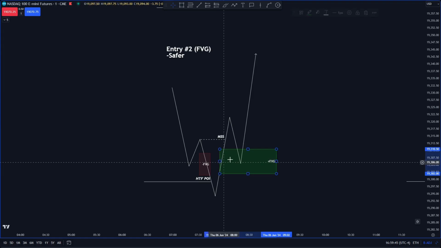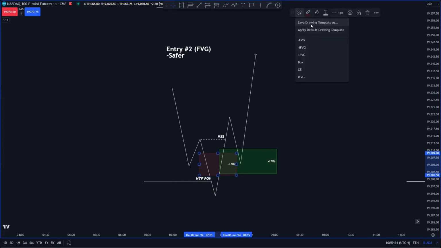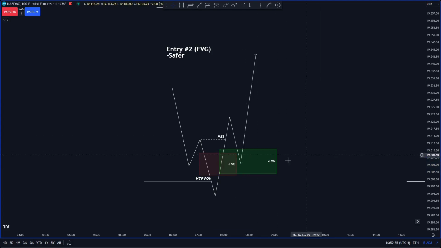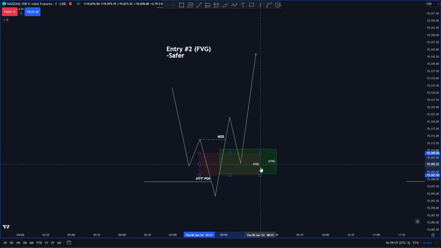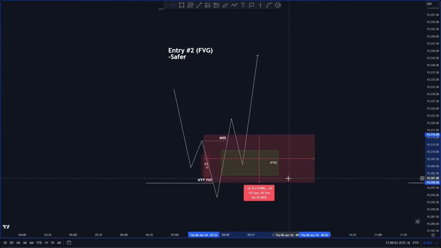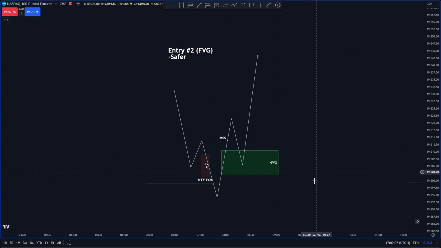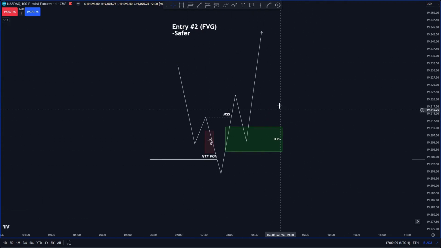It could be multiple, whatever, but this entry is a lot safer because now not only this becomes a BPR, a balanced price range, or inversion fair value gap, whatever you want to call it, right? So now that these are overlapping, right, we disrespect a bearish fair value gap, and not only that, we created a bullish fair value gap in its place, right? So that's just screaming bullish price action to me. So I would want to get involved somehow, right?